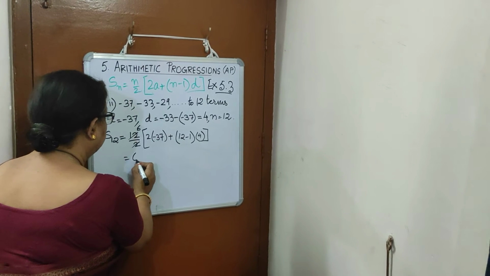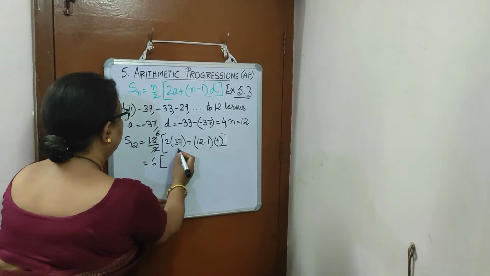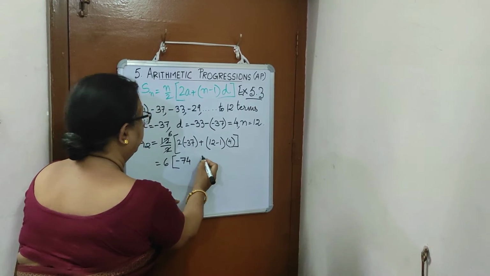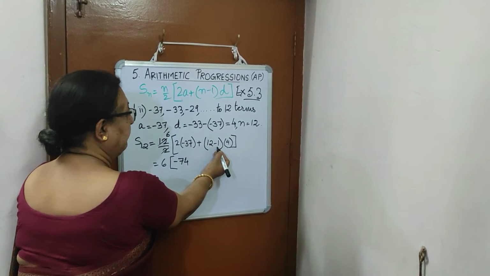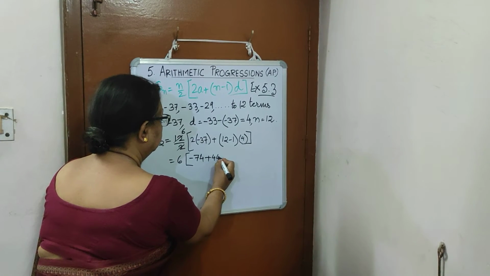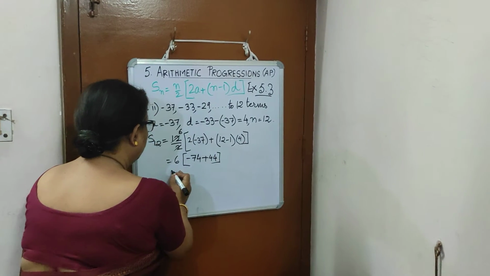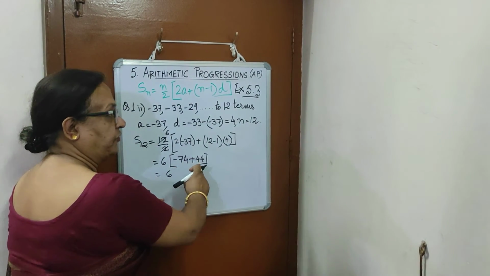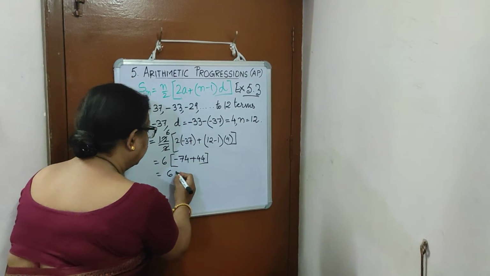So you have 6, 2 into minus 37 is minus 74, 12 minus 1 is 11, 11 into 4, 44. So you have 6, minus 74 plus 44 is how much? Minus 30.